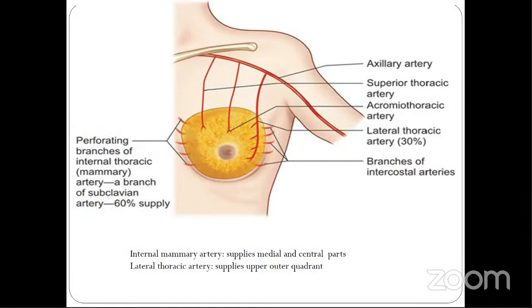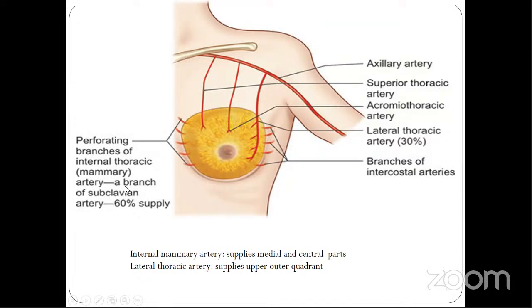The summary of blood supply of breast. As we said, breast is a modified sweat gland with rich blood supply. Mastectomy is a bloody operation because of the breast's rich blood supply. Blood supply of the breast is from two main arteries, the subclavian and axillary.